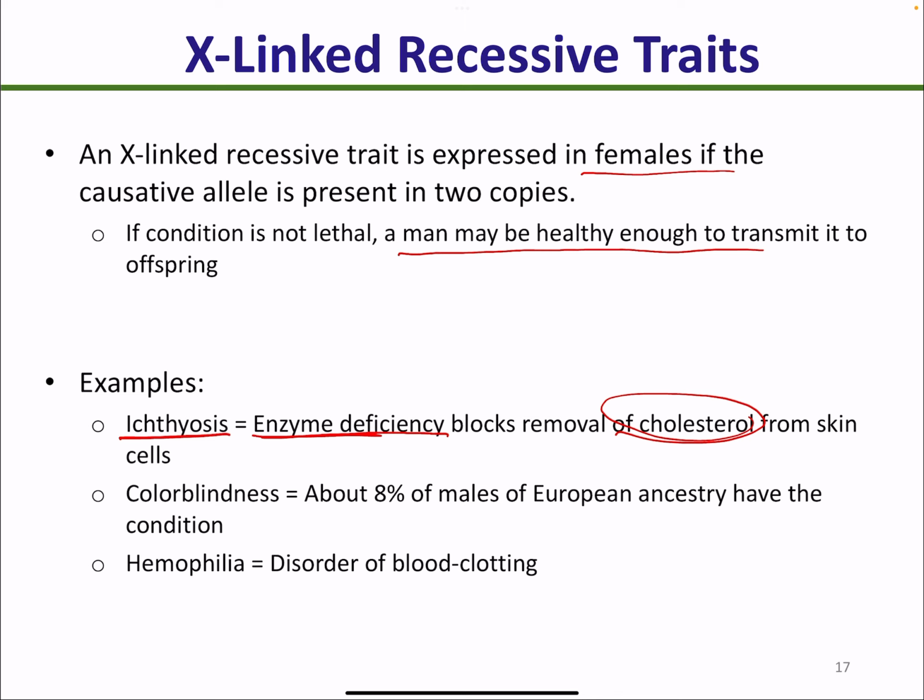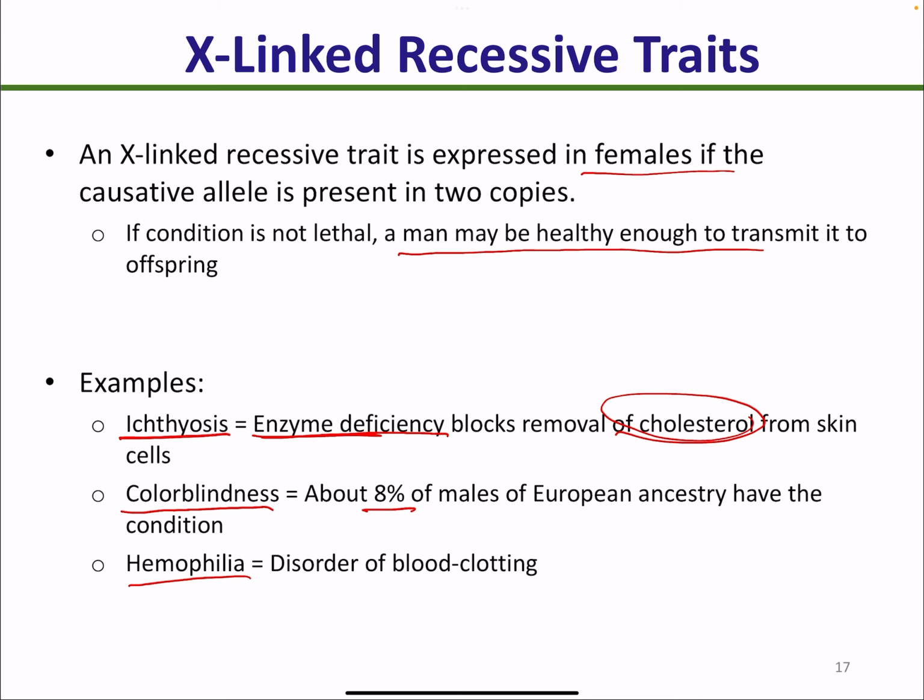Another example is color blindness. About 8% of males of European ancestry have the condition of color blindness. And this is caused by a recessive gene that is on the X chromosome. And then we have hemophilia. Hemophilia is a blood disorder by which the individual does not know how to blood clot, right?